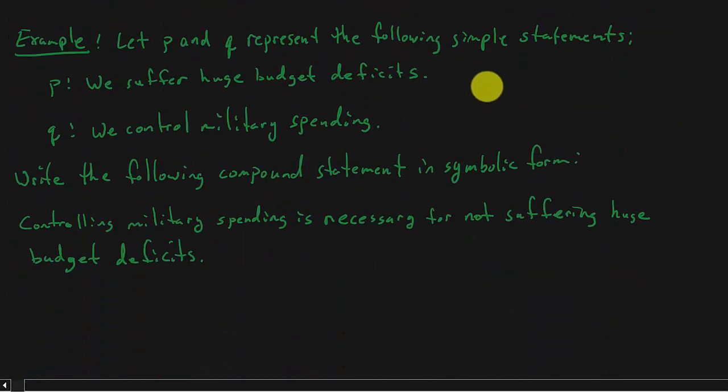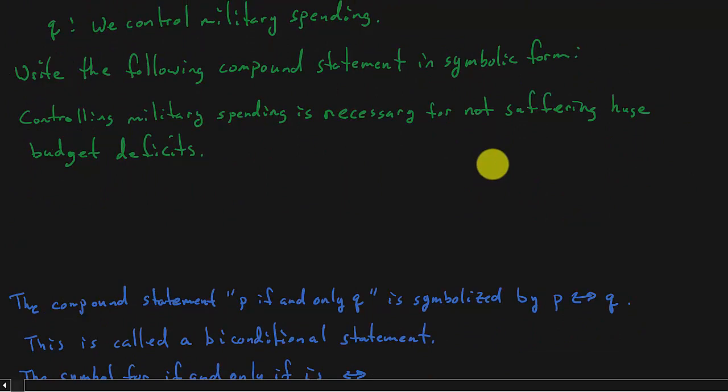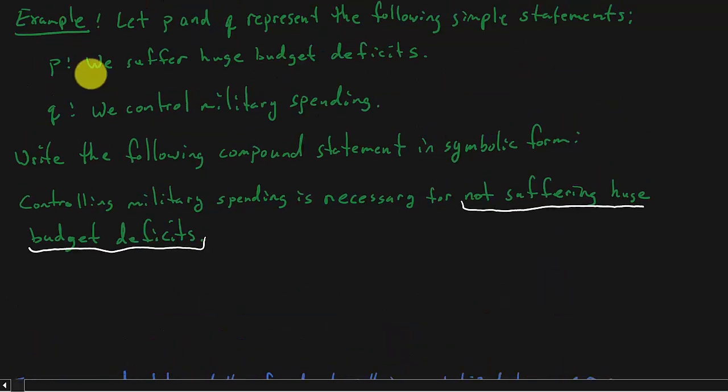All right. So, if you wanted to, you could write this back as an if-then statement, but see here, not suffering huge budget deficits. Suffer huge budget deficits, well, it's not suffering, so this would be the not P part, right? And then if you look at this part, that's Q. And so what would this look like?